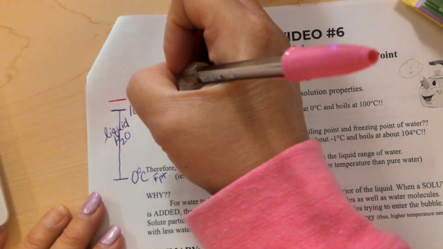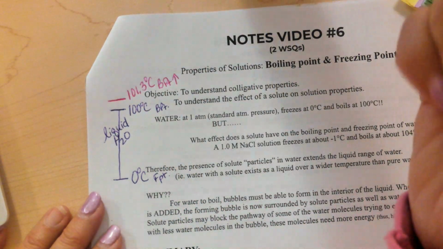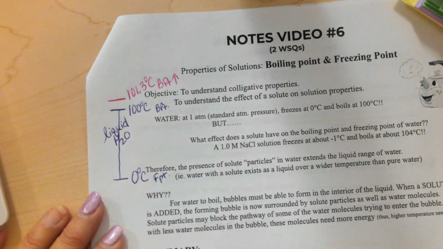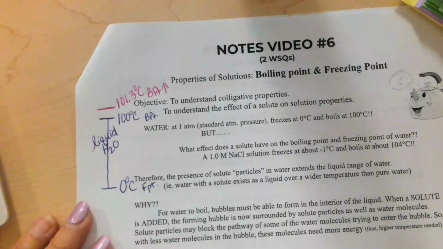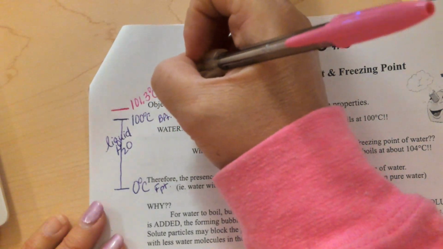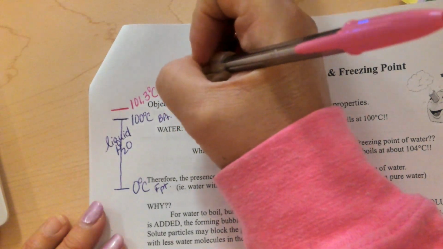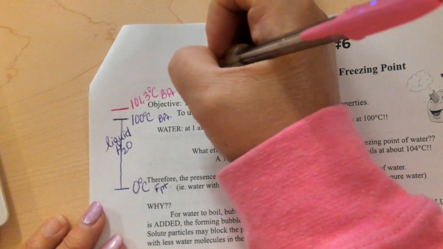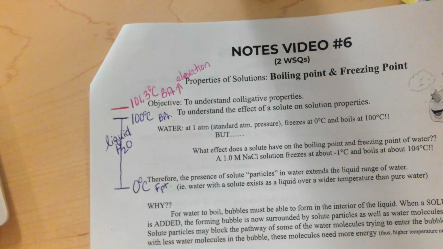So this is the boiling point elevation, okay? We call it an elevation, and I think it's on the second page that we write all that out, but I'll get there. It goes up like an elevator. I mean, elevators go down too, but it's a rising of it. We call it a boiling point elevation.